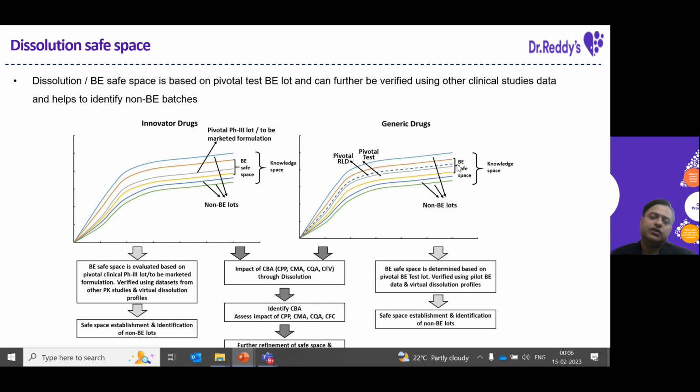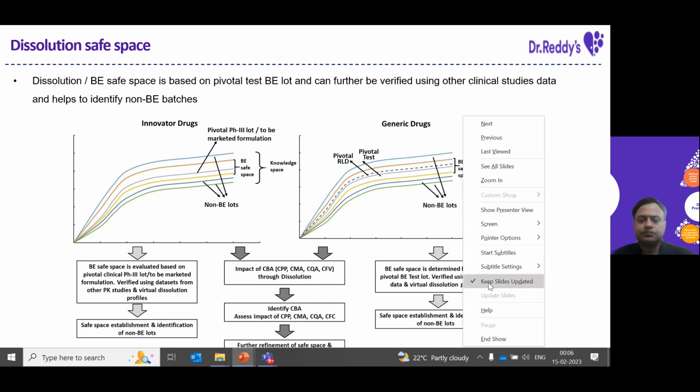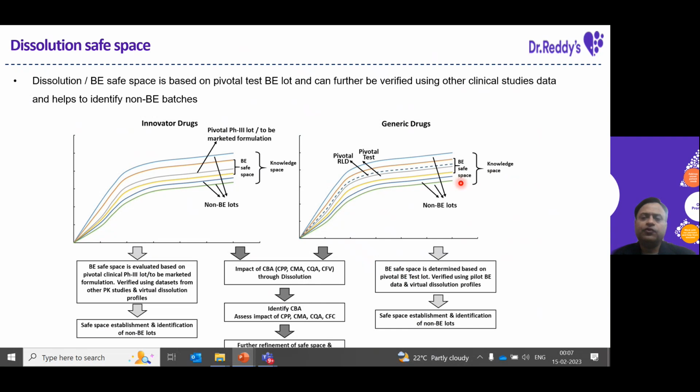As you can see on the right graph, the batches which are bioequivalent and close to the pivotal test and the RLD can be considered to have the safe space. Let me just use the pointer. If you see here, this is the region where the pivotal test and RLD are, and the other batches which have been tested and found to be bioequivalent.